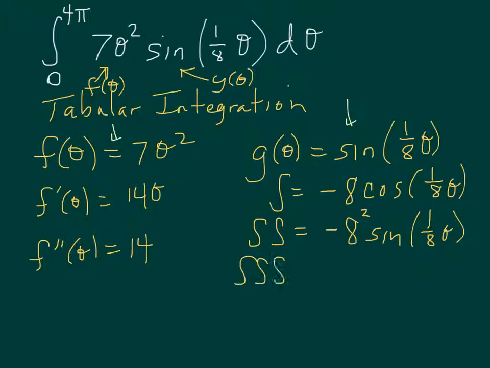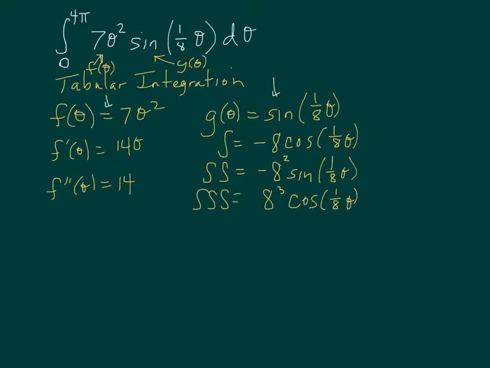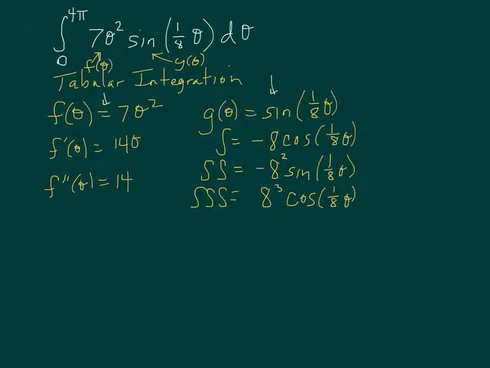And then the third time it becomes positive and becomes 8, we have 3 of them now, cosine 1 over 8 theta. So now we have all of our pieces to set up this integral.